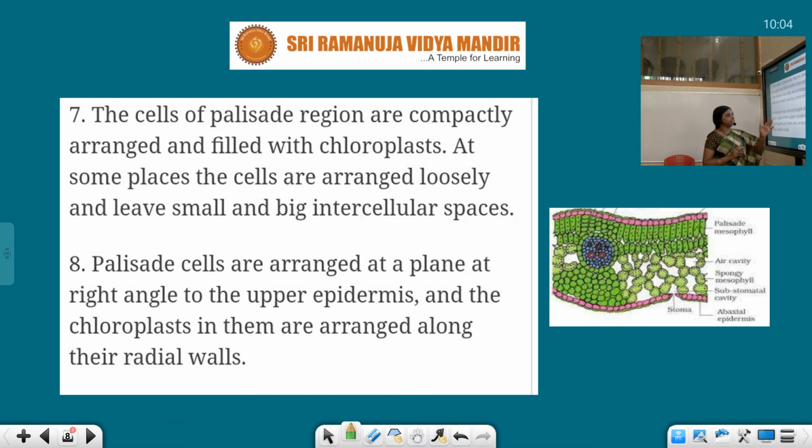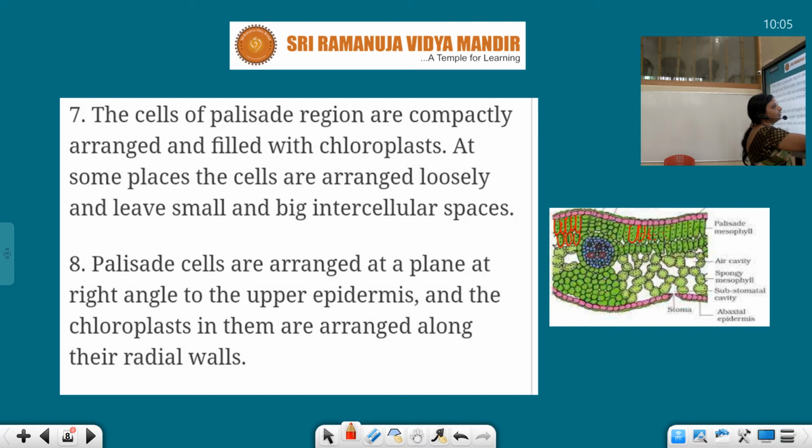Palisade cells are arranged in a plane at a right angle to the upper epidermis, and the chloroplasts in them are arranged along their radial walls. This is palisade tissue. So they are arranged in elongated column like structure, arranged in 2 rows, you can observe here, and chloroplasts are present on the radial walls.